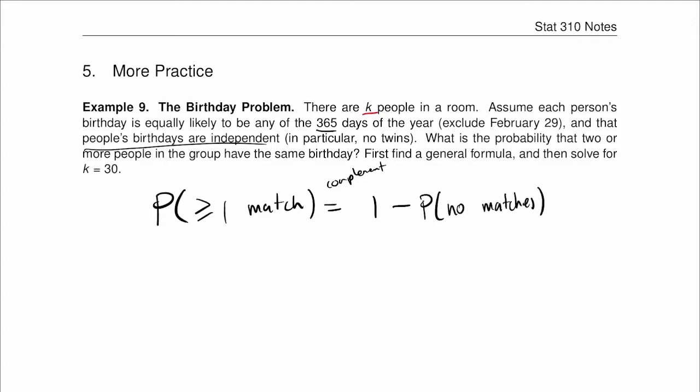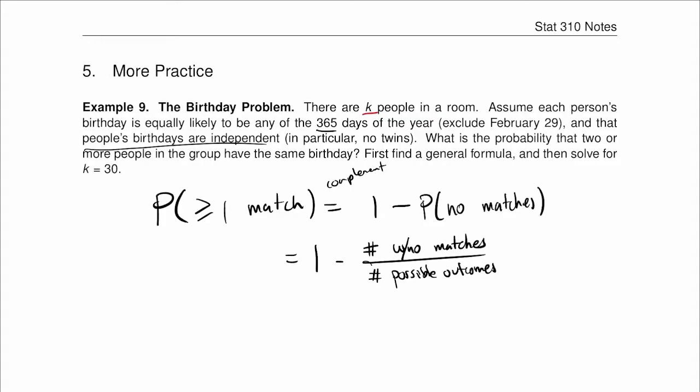And how to calculate this probability? Well, basically, this is going to be the number of outcomes with no matches over the number of possible outcomes.